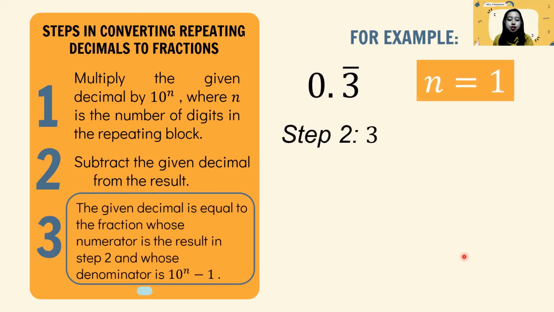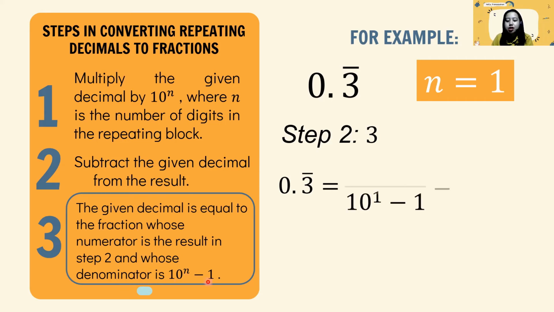And for step 3, the given decimal is equal to the fraction whose numerator is the result in step 2 and whose denominator is 10 raised to n minus 1. So the given decimal 0.3 is equal to the fraction, wherein the numerator is the result from step 2. So our numerator will be 3, and the denominator says here that it will be 10 raised to n minus 1.